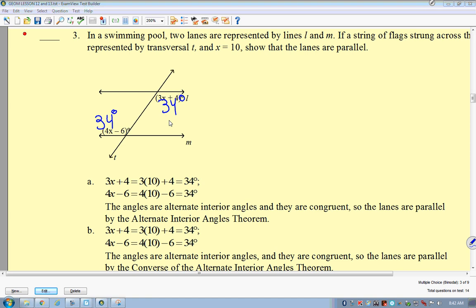Why the converse and not just the alternate interior angles theorem? Because I'm trying to prove that the lines are parallel. The alternate interior angles theorem says these two lines are parallel, therefore their alternate interior angles are congruent. The converse says if these angles are congruent, then these lines are parallel.